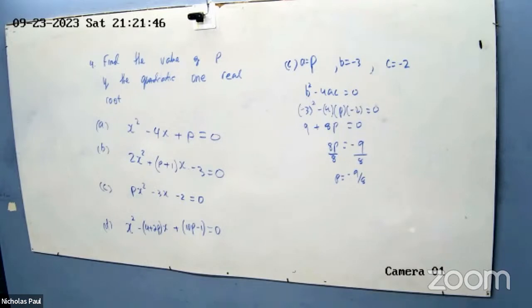Right, so write down what is A, write down what is B, write down what is C, and then substitute. Use your brackets. Then expand out the brackets.